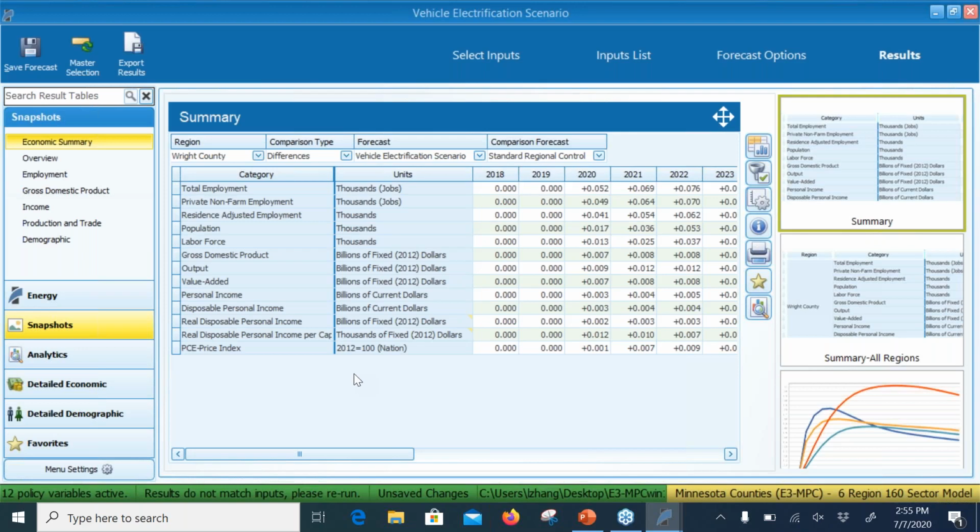So I hope that gets at least somewhat into your question of why we might have changes from fossil fuel cars to electric cars.